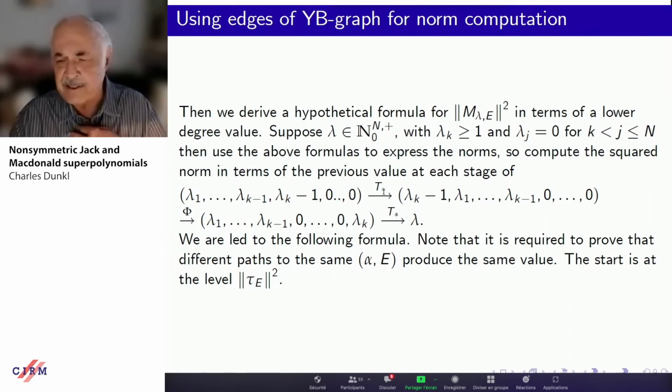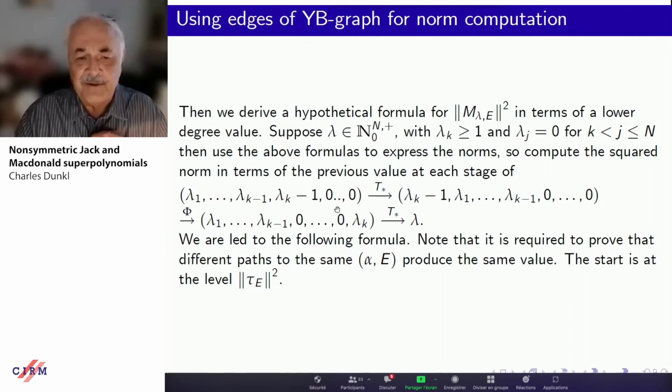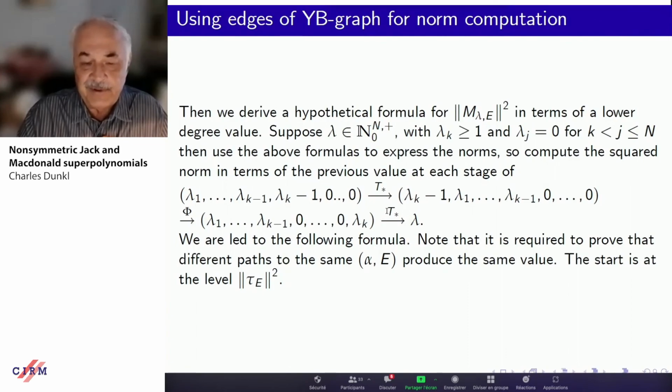Notice that this is actually the backward direction. Before, it took larger things to the front. Here I'm taking the smallest thing to the front, but there are formulas for that. Having gotten it here, I use the affine step to put it here, add 1, and now we use once more the various steps to move this to lambda. And by using the adjacency relations, we get a formula.